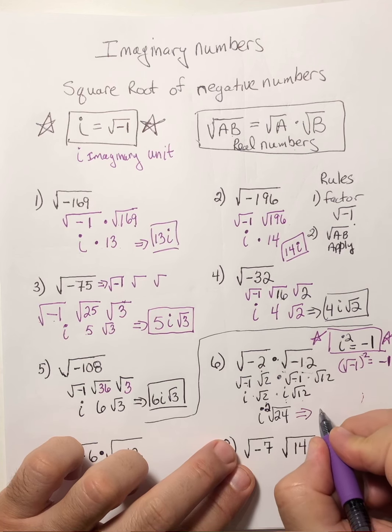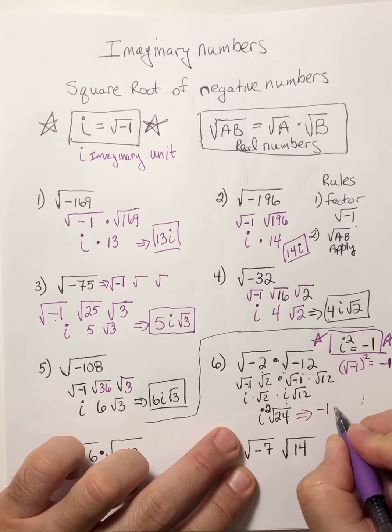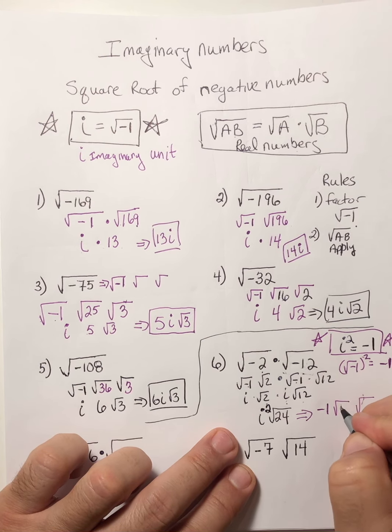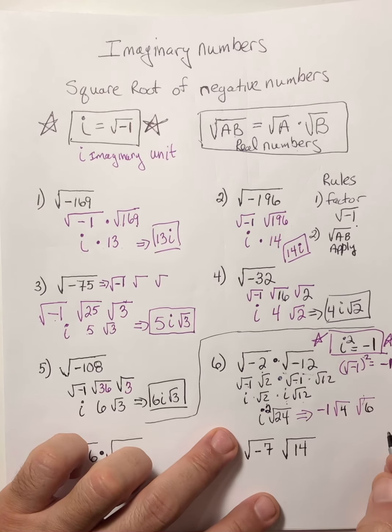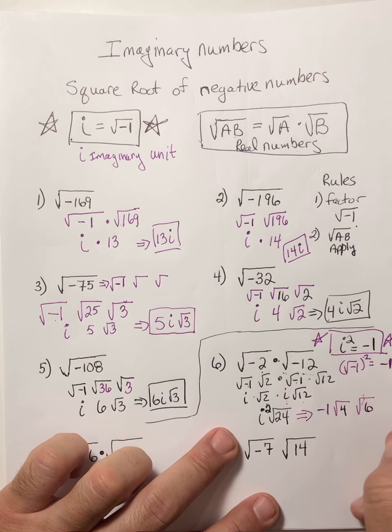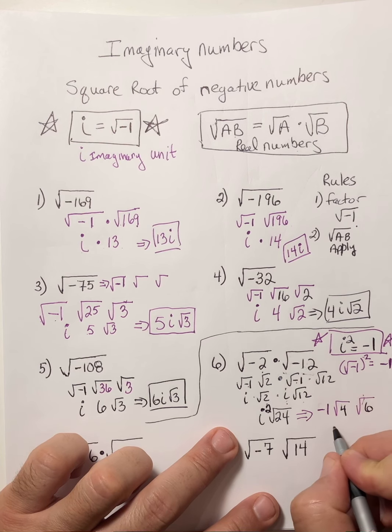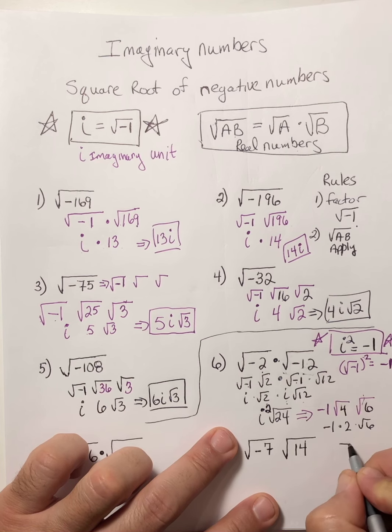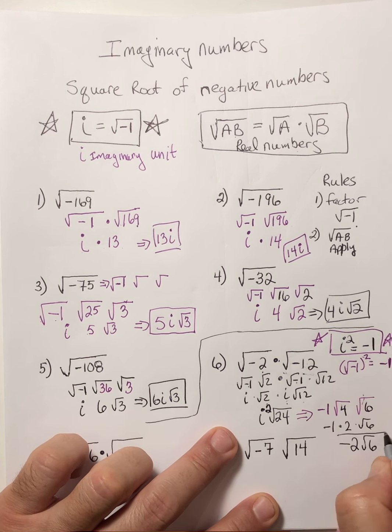So we have -1, and I have my 2 radicals. So what's my perfect square for 24? That's right, you're going to say 4. 4 times 6. And the square root of 4 is 2. So I have -1 times 2 times radical 6. So we just have -2 radical 6.